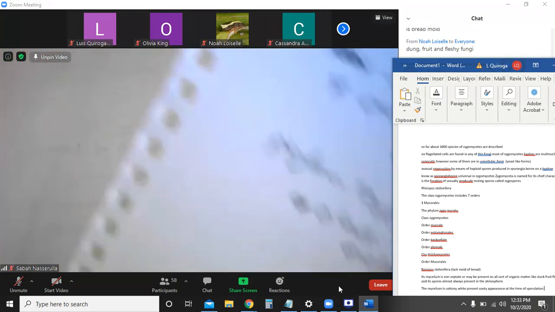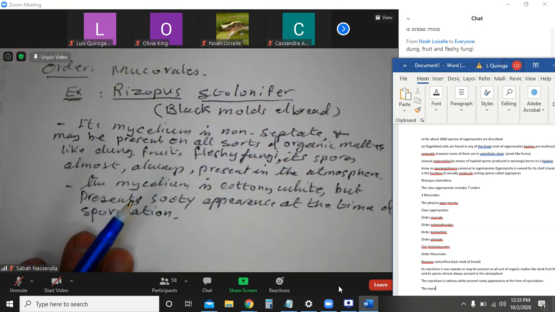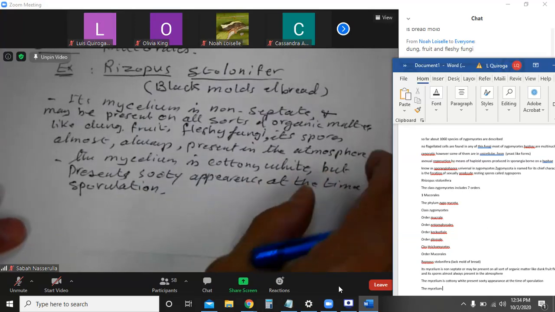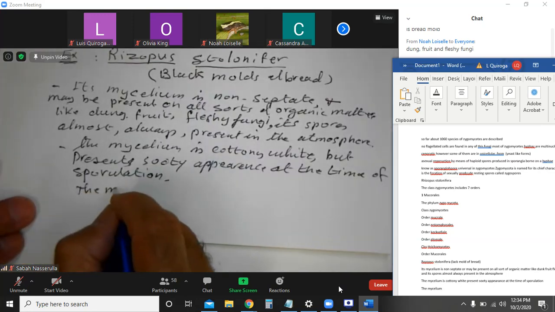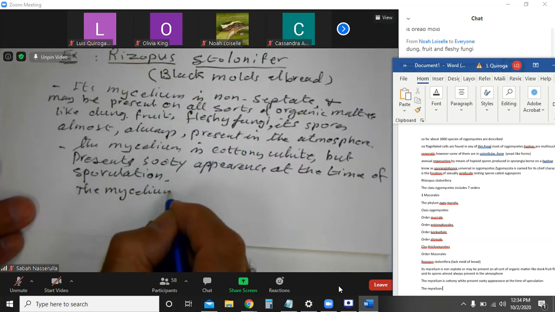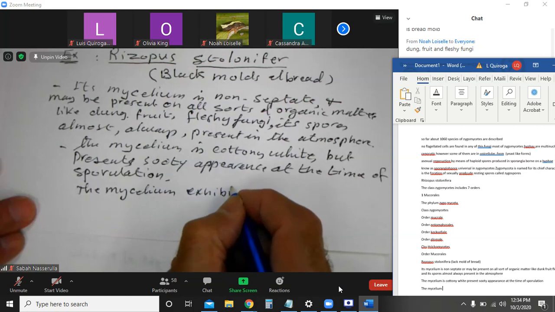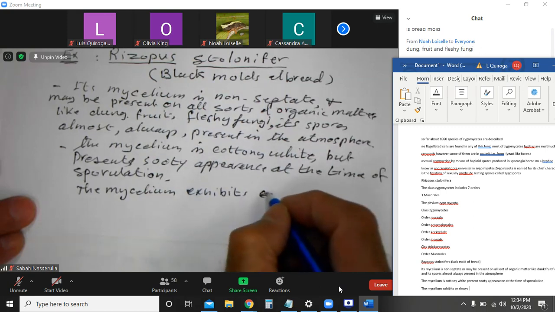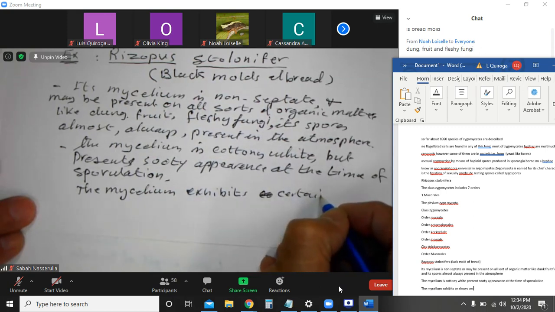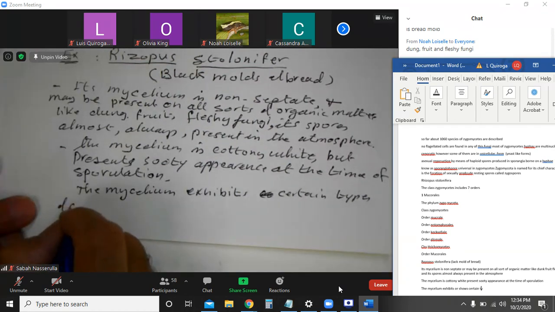Now, to mention this point here, the mycelium exhibits or shows certain types of differentiation.